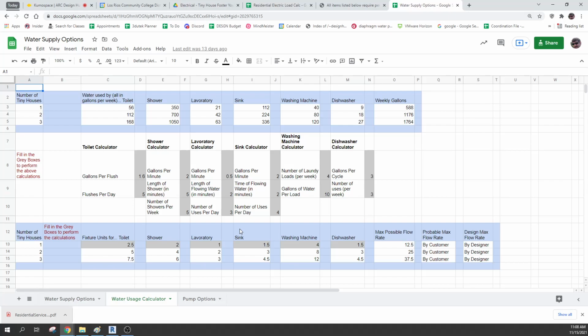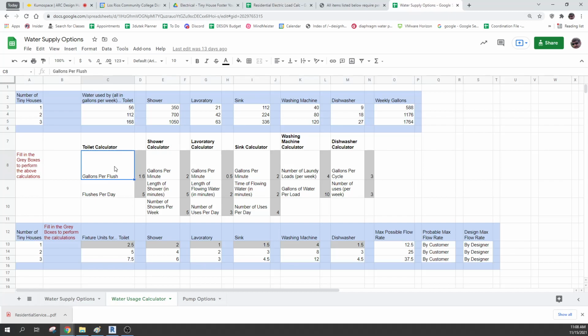So just a tank or something isn't going to do it. You're going to need to go through here and for each lot, create what you're going to use. And this little calculator is just a tool that will allow you to do it. You're going to have one tiny house, and you'll have one large house, and maybe something else. So you're going to have to modify this to work for you.